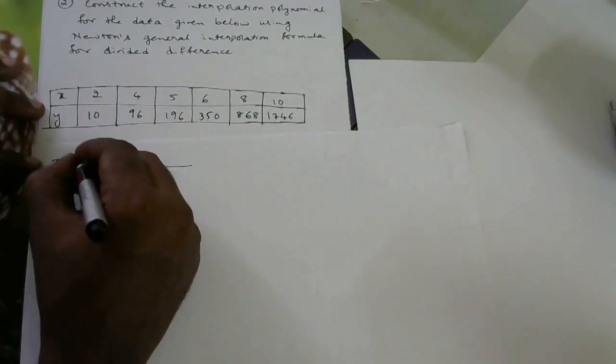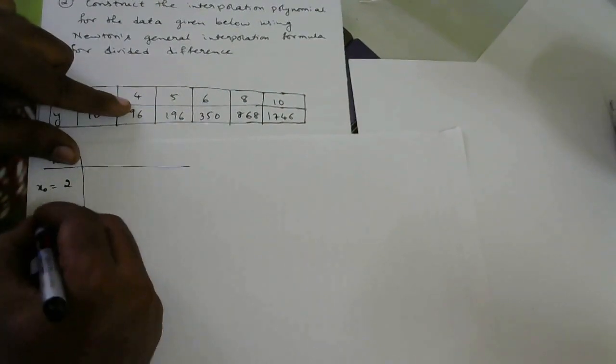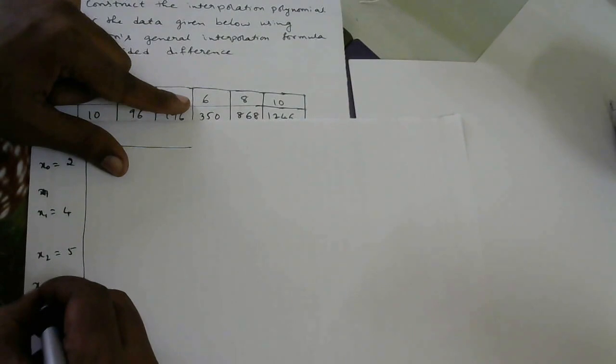Solution. Here first you have to construct the table. So here, what are the x values? Here x0 equals 2, x1 equals 4, x2 equals 5, x3 equals 6, x4 equals 8, x5 equals 10. So y equals f of x.